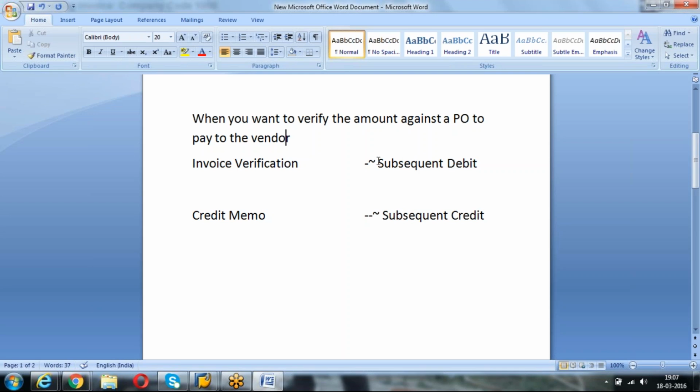When we use the subsequent debit, I will tell you one case. There are several similar cases.